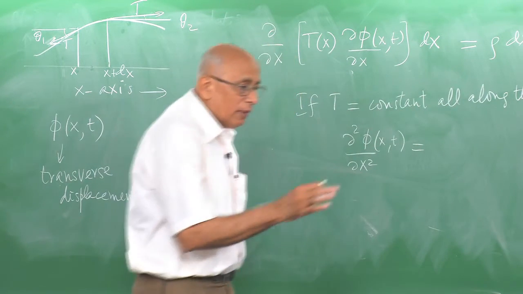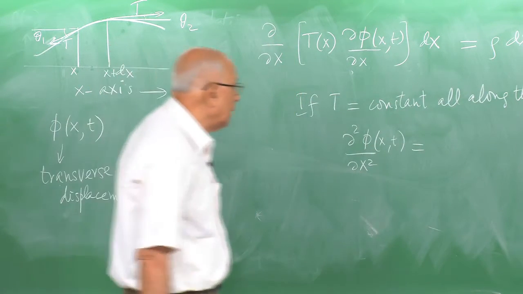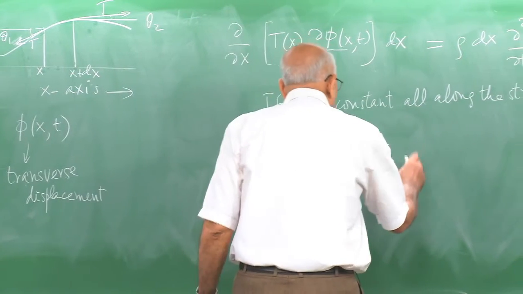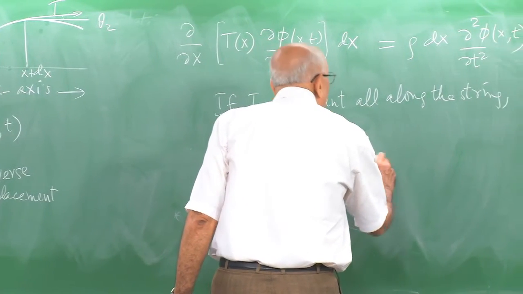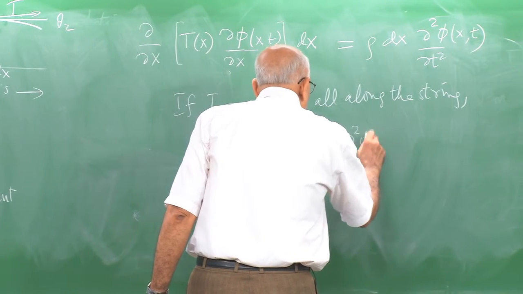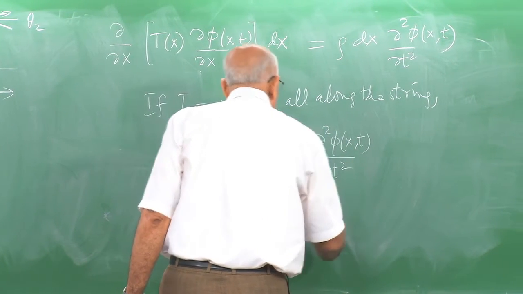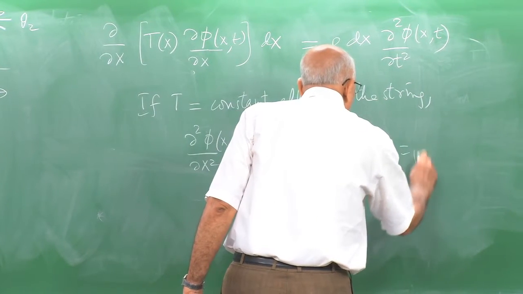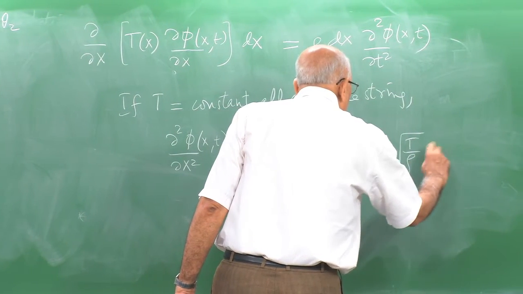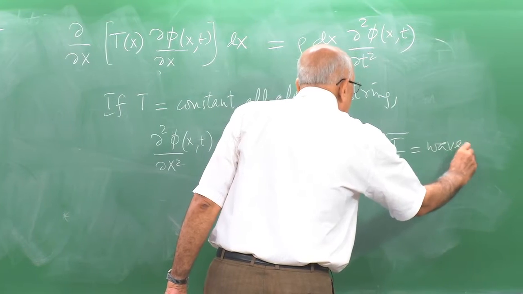But then the square root of T over rho is what we identified with the speed, and that is emerging here automatically. It is 1 over u squared d2 phi of x comma t over dt2, where u equals the square root of T over rho, equal to the wave velocity.